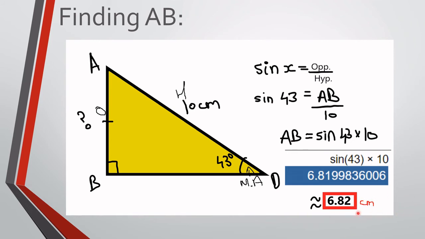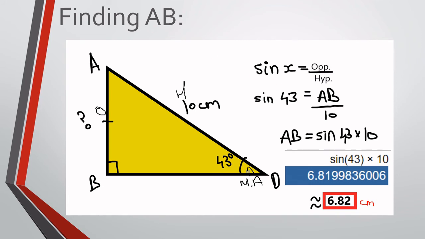Never forget the cm ever. Okay, you lose your marks for this. At least this will not be more than 2 marks, and in that also you get only 1 mark out of it. So yeah, this is how you find AB.